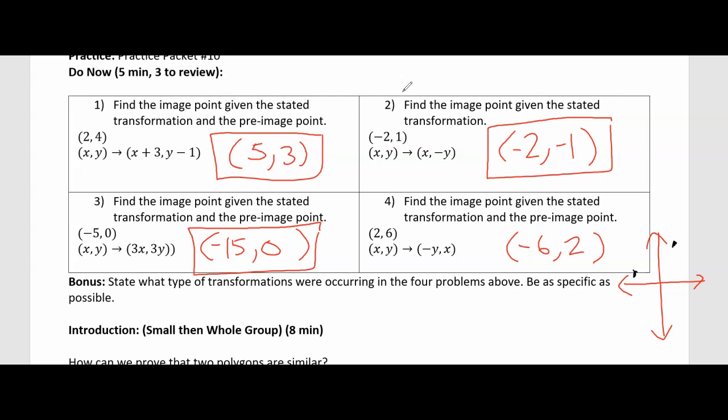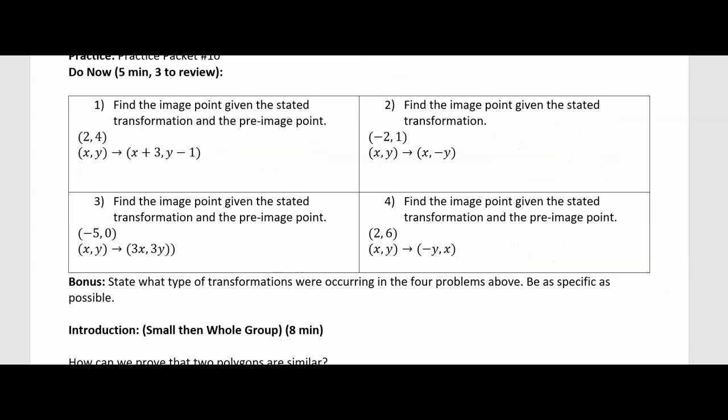This would be a rotation 90 degrees counterclockwise. Or if you wanted to go clockwise, 270 degrees clockwise. Remember, rotations are where we switch the x and the y coordinates for each 90-degree rotation, and we choose the correct sign.